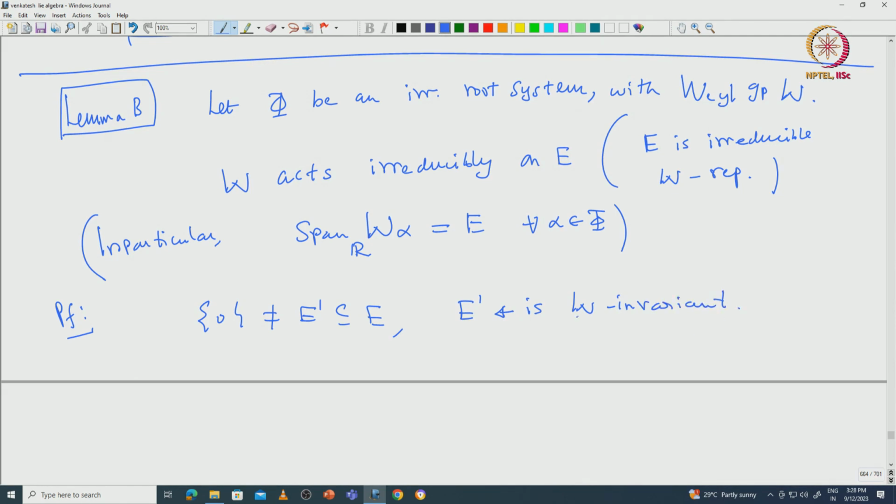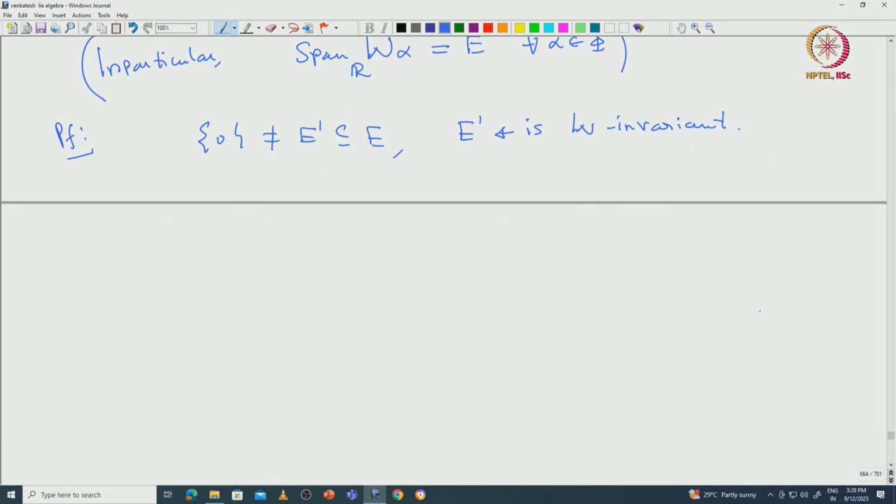Now since W is a finite group, as I said, we have complete reducibility for finite dimensional representations of W. Since E is a finite dimensional space, we must have a complementary W subrepresentation of E dash inside E. Call that E double dash.